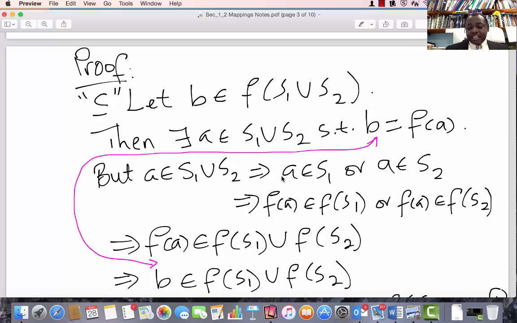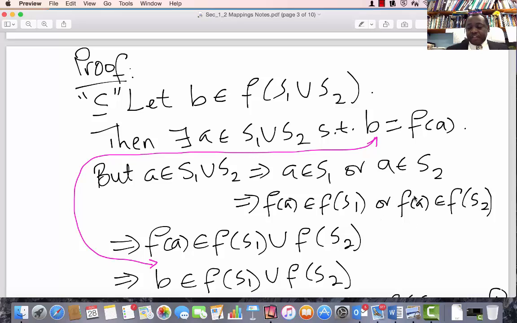But if a is an element of S1, then the image of a is an element of the image of S1. And if a is in S2, then the image of a is an element of the image of S2. Or we could simply say hit both sides with the function f. f of a is in f of S1, or f of a is in f of S2.